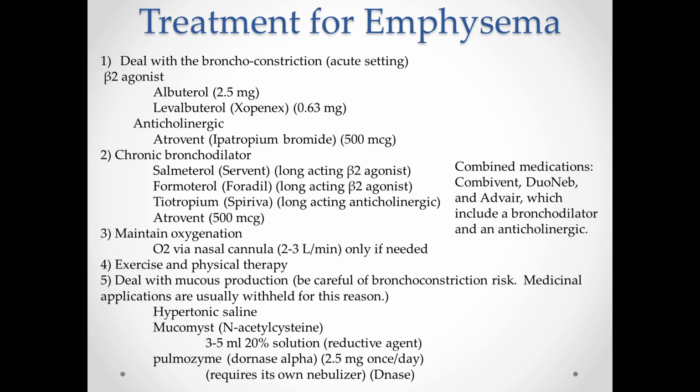And therefore, if you give somebody Mucomist, for example, or even hypertonic saline that's known to cause bronchoconstriction, well, that's probably not a good idea in somebody that already has a propensity to develop bronchoconstriction. So you have to heavily weigh the risk versus gain of giving something like that. If somebody has enhanced mucus production and they have emphysema, you can also try other types of mechanical therapy, such as CPT, that might be able to address the issue.